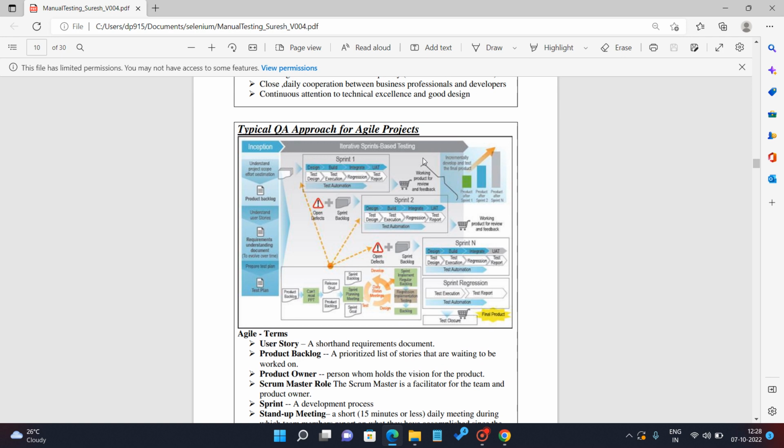First of all, understand project scope and effort estimation. Then comes interactive sprint-based testing, whose main input is the product backlog.